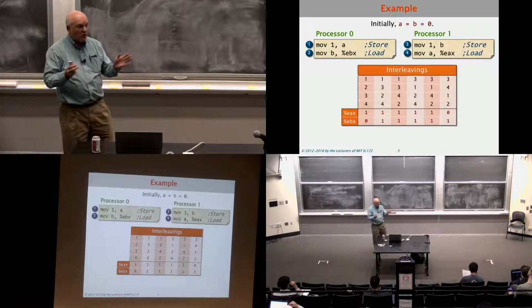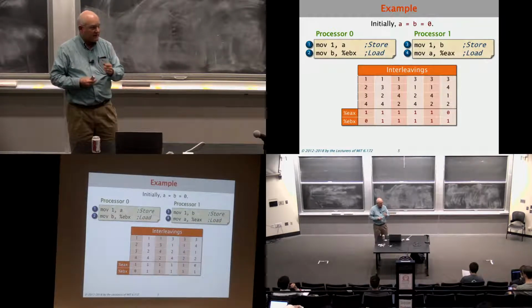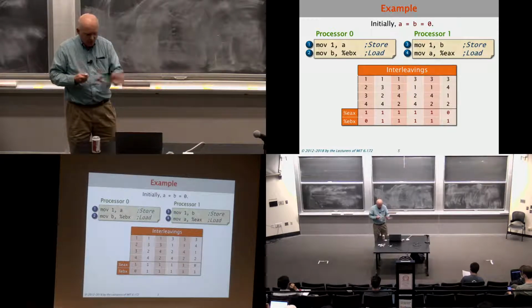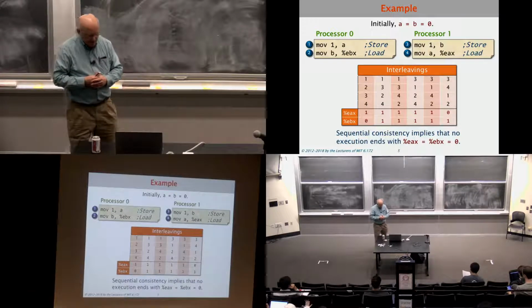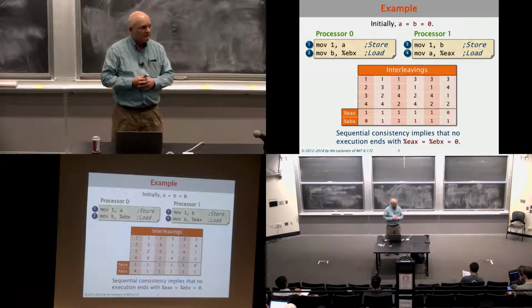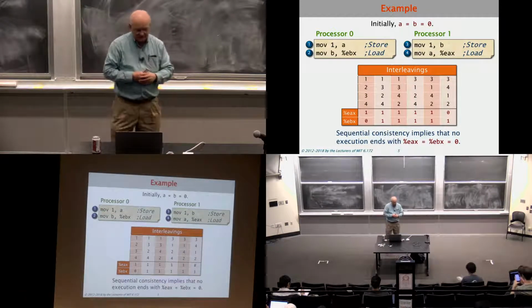Notice that this is the total number of ways we could interleave things. We don't know which one of these might occur because, after all, the output is going to be non-deterministic. But one thing that we can say for certain is that if you have sequential consistency, there's no execution that ends with them both being 0, which is exactly your intuition and correct rationalization.